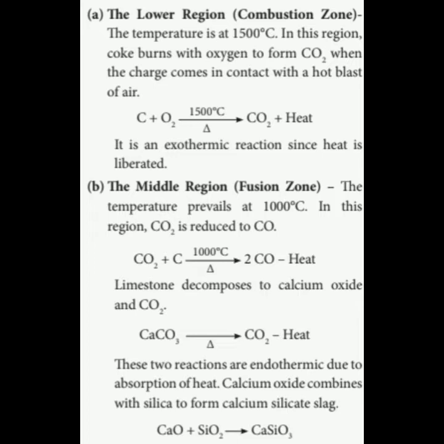In the lower region, the combustion zone, the temperature is 1500 degrees Celsius. At the bottom, supplying this temperature, 1500 degrees Celsius, is very important. In this region the coke burns with oxygen to form CO2. We know that coke, that is carbon, when burned with excess oxygen, C plus O2, gives CO2, with heating at 1500 degrees Celsius.